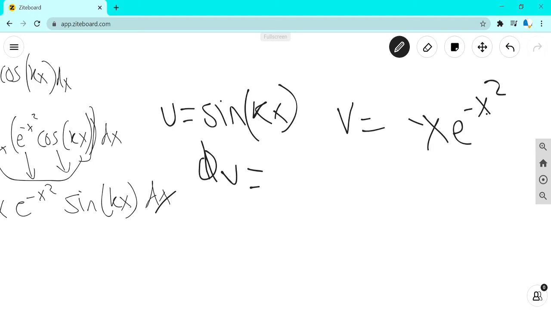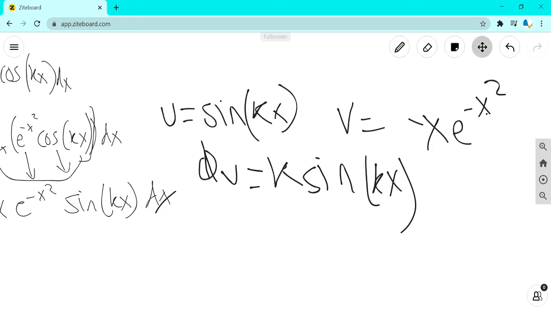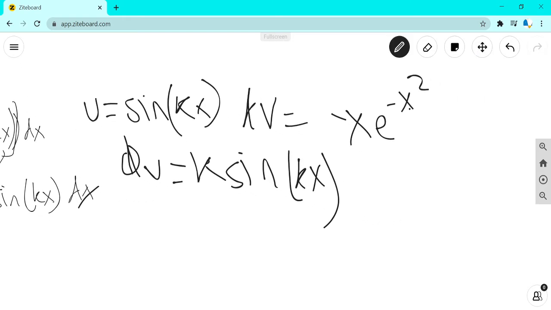We're coming back to our original, where we said this was sine of kx and k was the variable. Now x is back to being our variable, so du is k cos of kx dx, and this is dv, by the way, sorry.